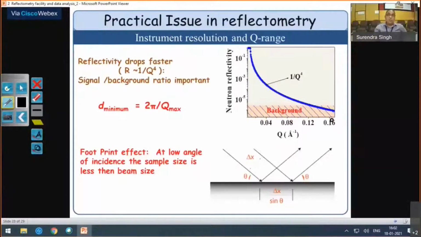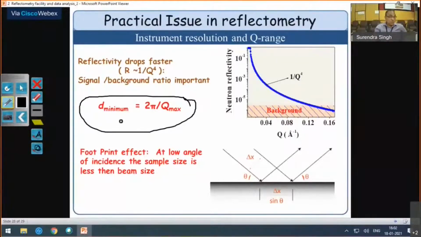Because the Q maximum for this reflectivity pattern will decide what our minimum thickness is, 6 angstrom, 7 angstrom on a substrate we can detect, and that gives this relation: T minimum becomes 2 pi by Q maximum.